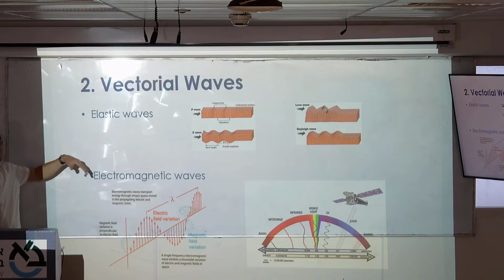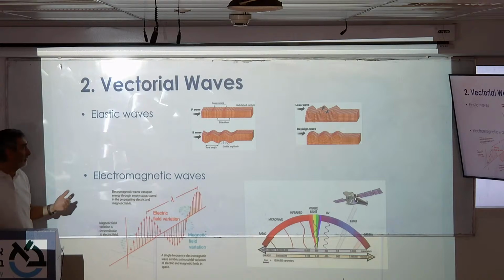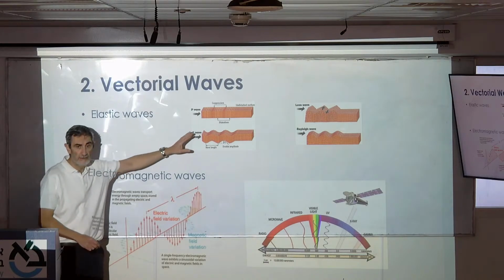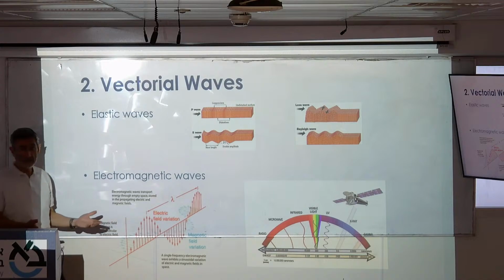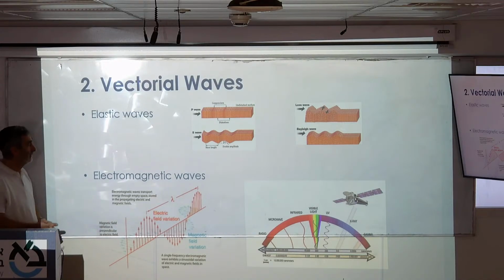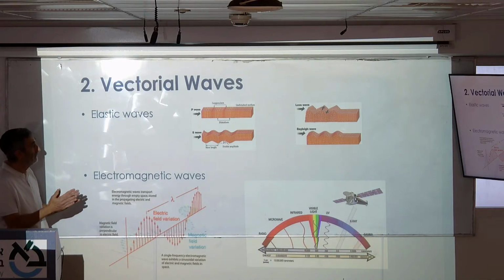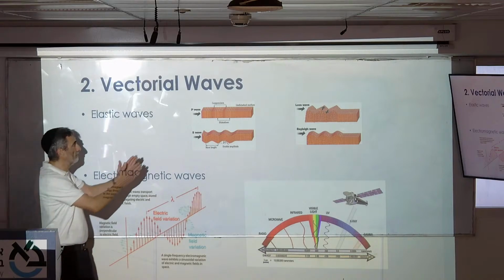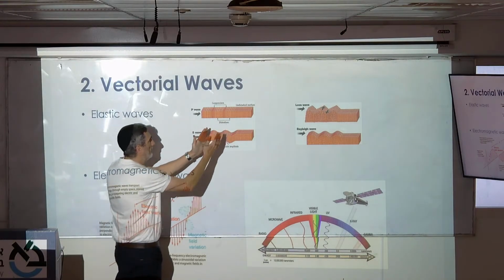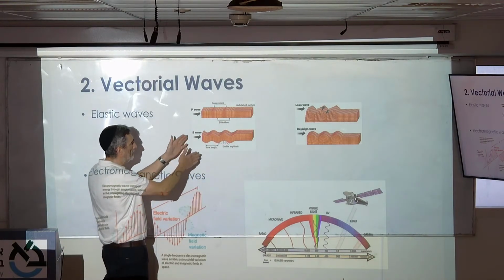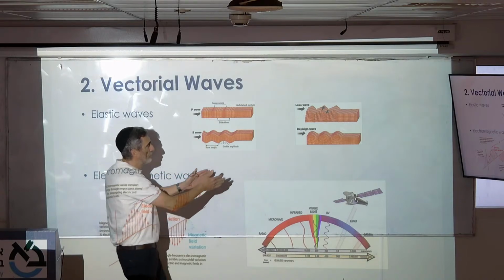For sound waves, instead of waves in air, it would be elastic waves propagating in some solid. In that case you have different polarizations, different ways for the wave to propagate in the system. It can be pressure waves like that, or S waves, shear waves like that.